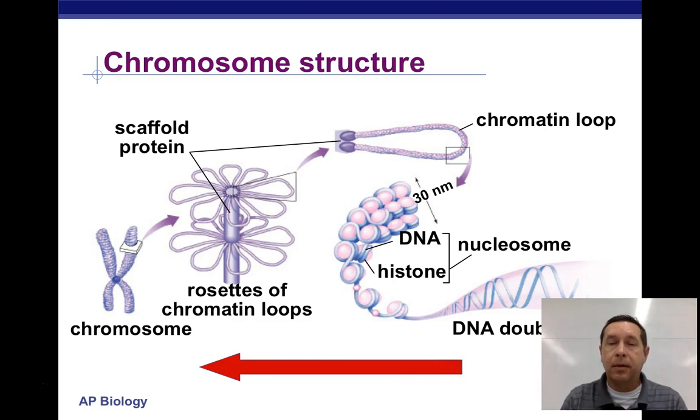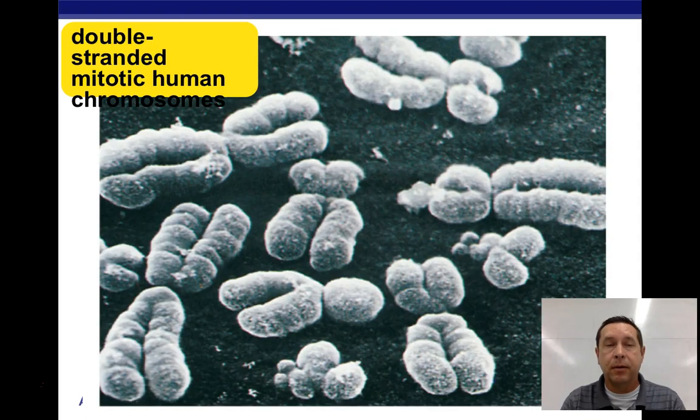In order to help the chromosome form, help organize it, we have scaffolding proteins that form chromatin loops and so on, all these different organizational structures that lead to the formation of the chromosome. So here's an electron micrograph of what a double-stranded human chromosome looks like.